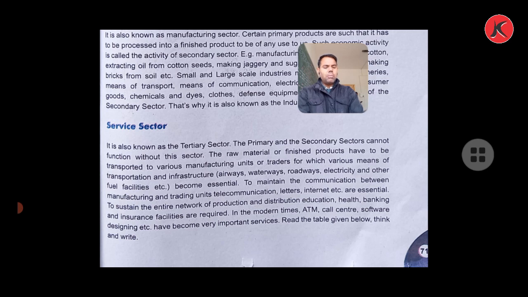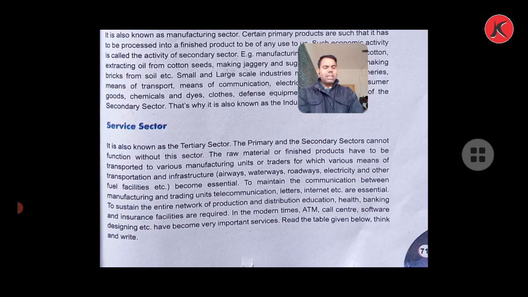To maintain communication between the manufacturing and trading units, telecommunication is needed. Letters, the internet, etc. are essential. To sustain the entire network of production and distribution, education, health, banking and insurance facilities are required.